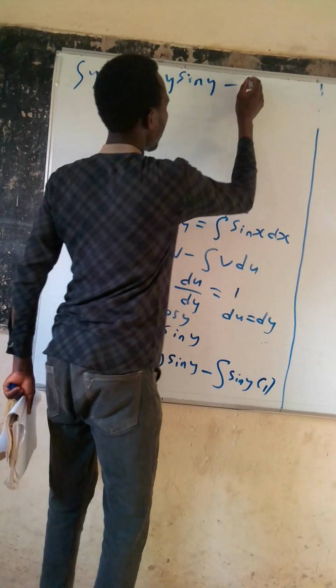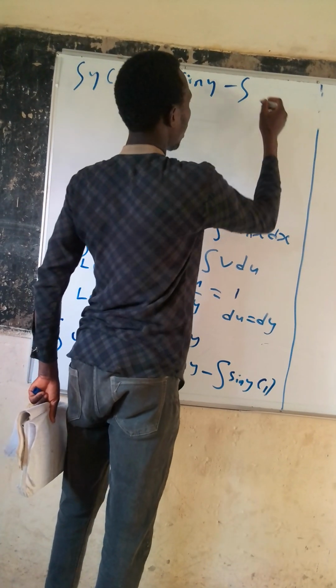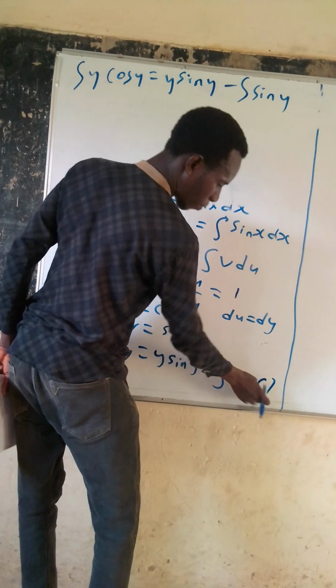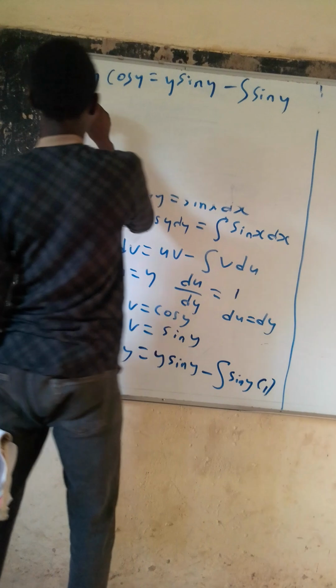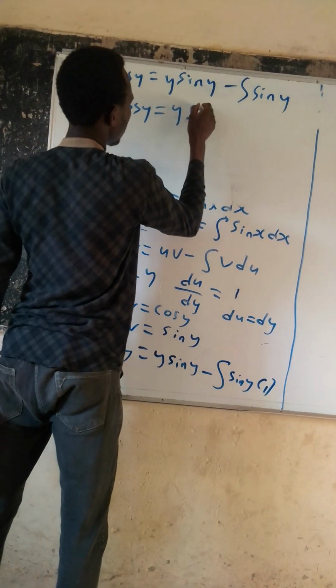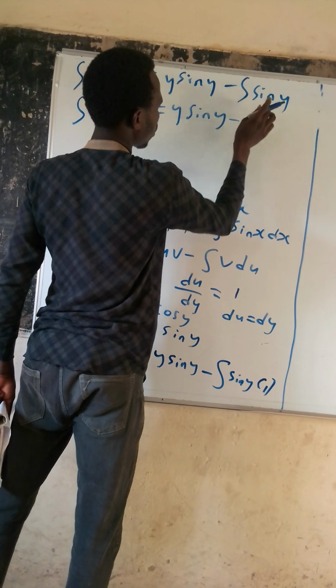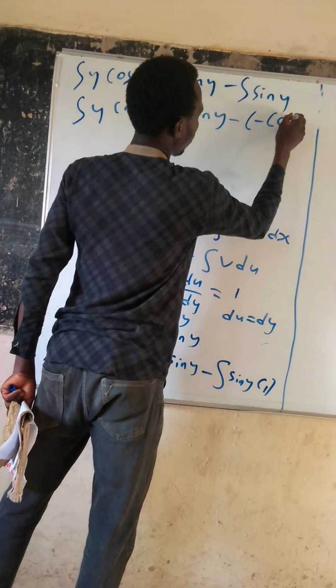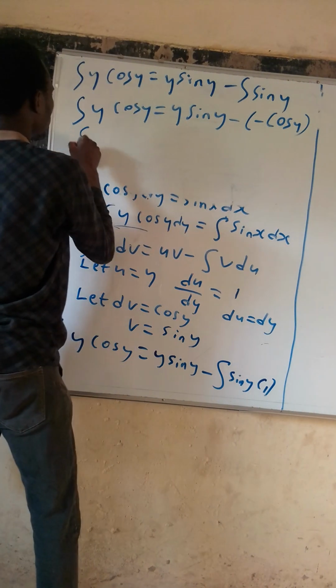Before that, we have the integration of sine y, because sine y multiplies sine y. So we have what? Integration of y cos y equals y sine y minus the integration of sine y. What is the integration of sine y? It is minus cos y.